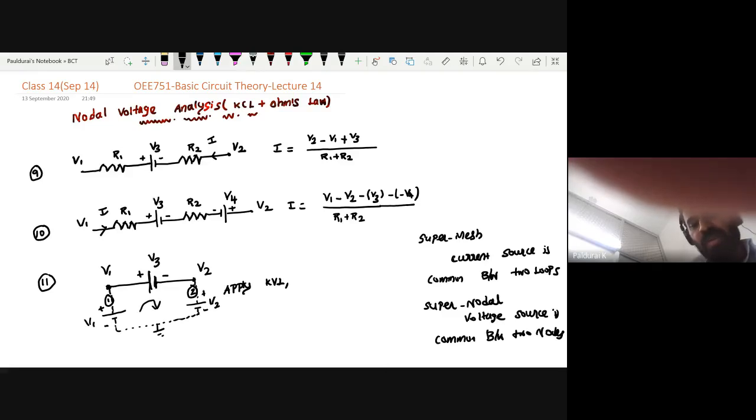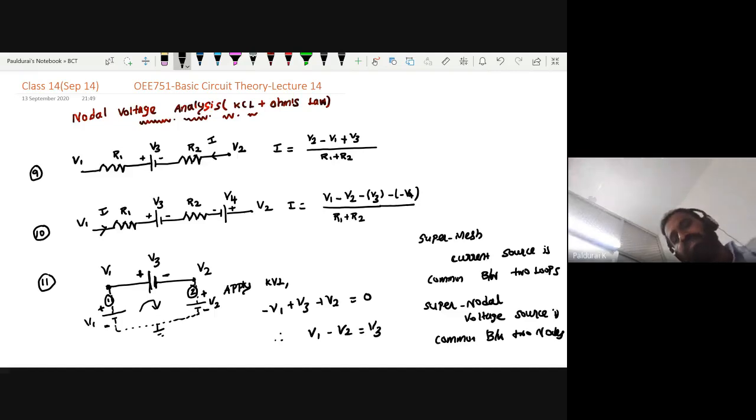Now can you apply KVL? So it is minus to plus, so minus V1. It is plus to minus, so plus V3. It is plus to minus, so plus V2 equals 0. Therefore V1 minus V2 equals V3.